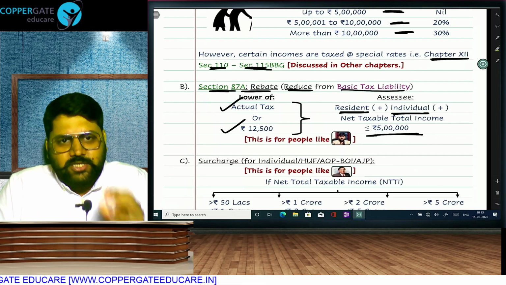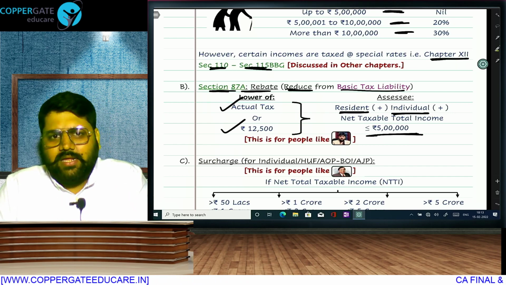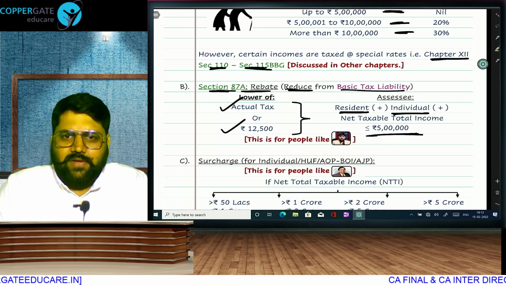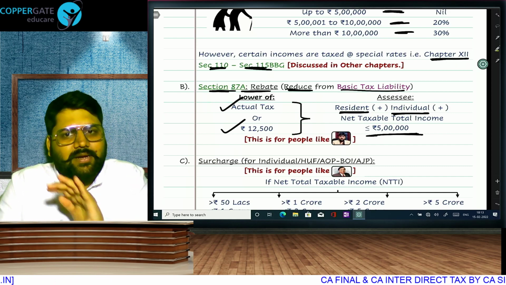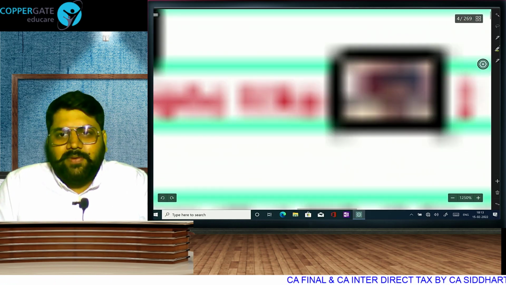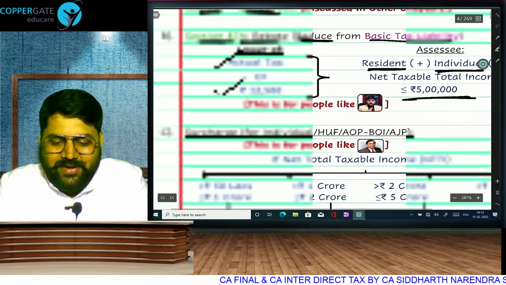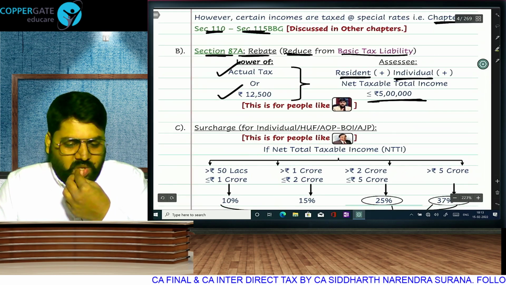So if your tax liability is more than 12,500, you get a maximum rebate of 12,500, and if your tax liability is less than 12,500, that will fully become your rebate, tax will become 0. Rebate is for people like poor people having income up to rupees 5 lakh.